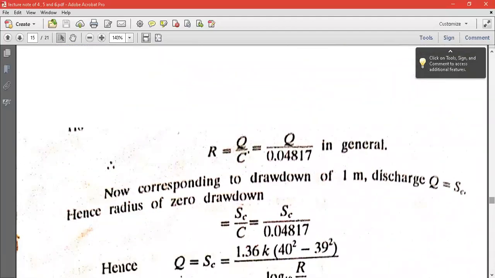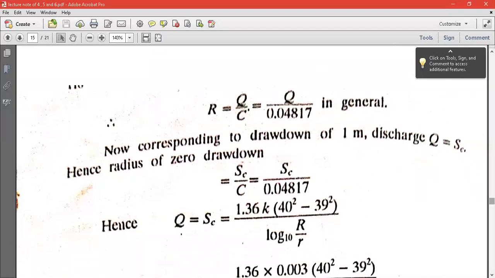Now corresponding to drawdown of 1 meter, that is the specific capacity. What is specific capacity? Specific capacity is nothing but the discharge corresponding to the drawdown of 1 meter. That means when s value is 1 meter, the discharge Q equal to SC, hence the radius of zero drawdown equal to SC divided by C, already we have found out 0.0487.